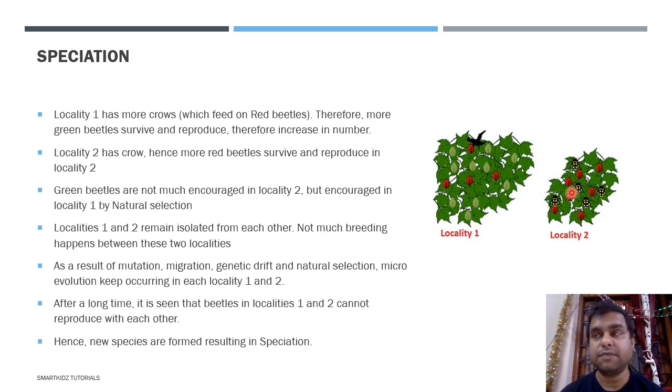In other words, we have two distinct types of beetles, or distinct species of beetles, that have evolved in these two localities, which are unable to reproduce or breed with each other. As a result, new species are formed, resulting in speciation.